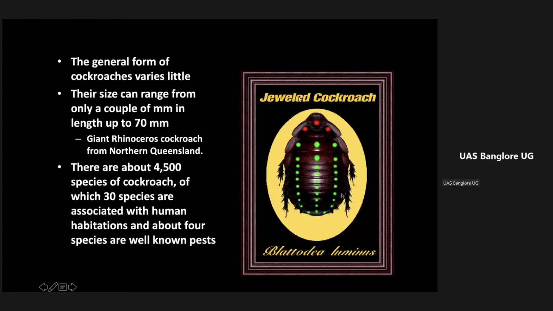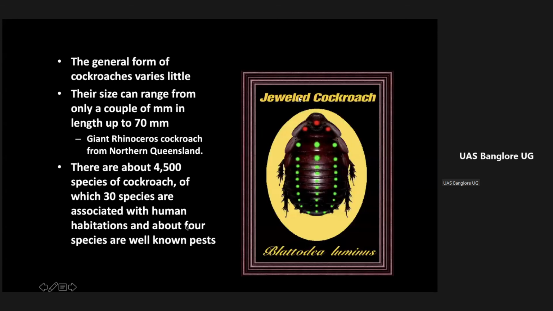This is a jewel cockroach, which has a very interesting marking, and because of that we call them jewel cockroaches. There is also a cockroach we call the giant cockroach, measuring up to 70 millimetres in Australia. We call it the giant rhinoceros cockroach from northern Queensland, which is one of the largest species on earth.